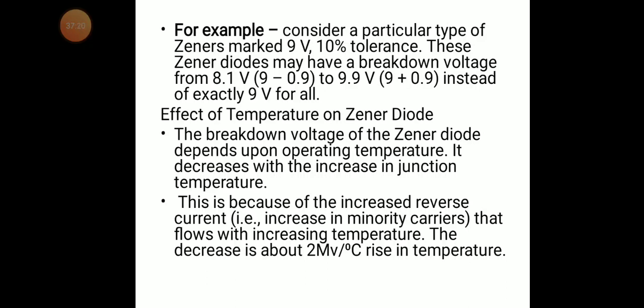The decrease is about 2 millivolts per degree centigrade rise in the temperature. So for every degree centigrade rise, 2 millivolts should be subtracted from the specified Zener voltage, that is VZ.